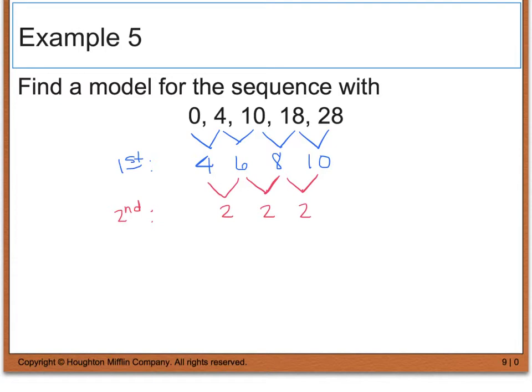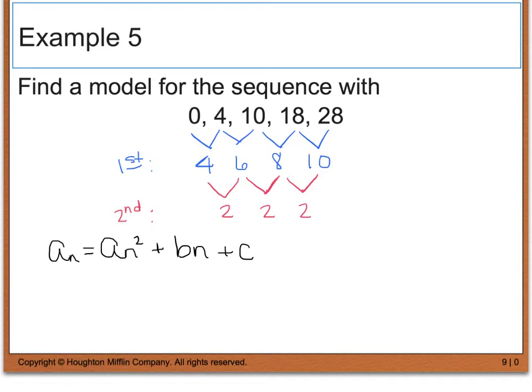And if you recall, a quadratic model, a sub n, is equal to a n squared plus b n plus c. So we're going to use this to help us create our model.